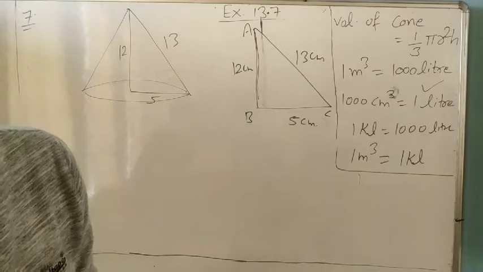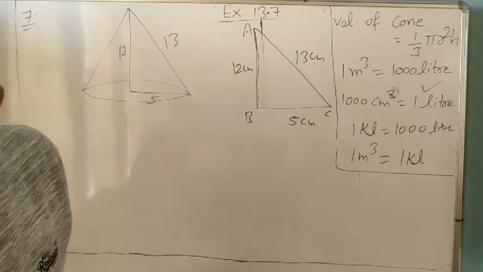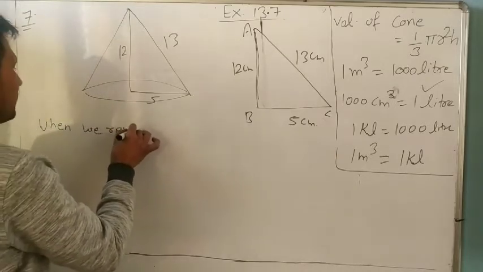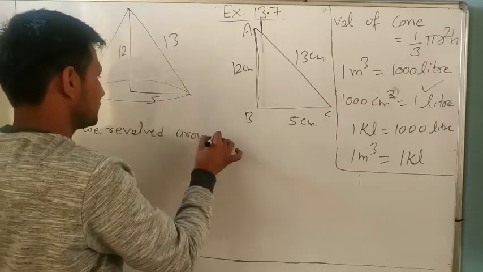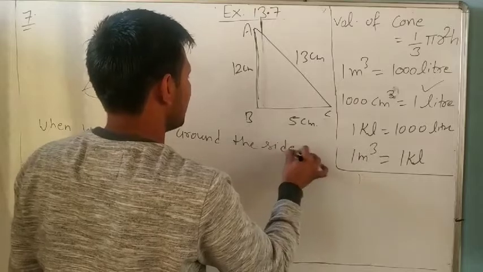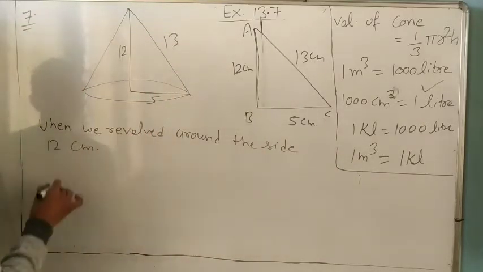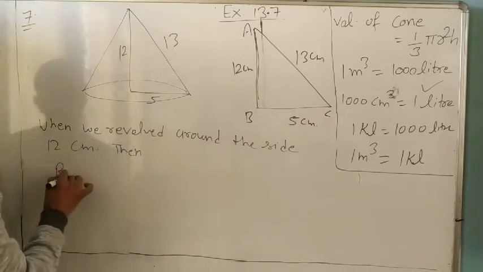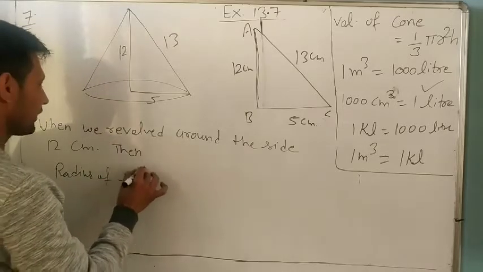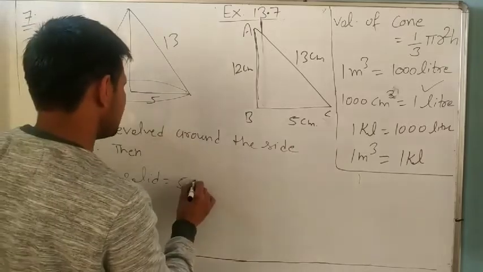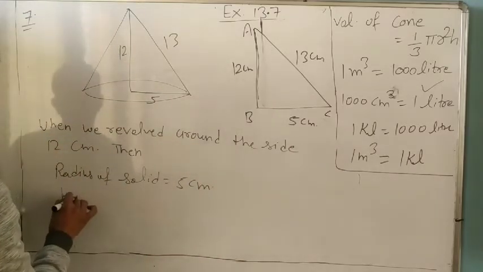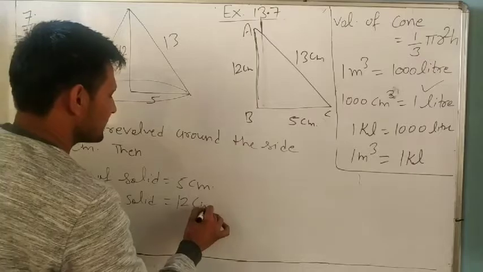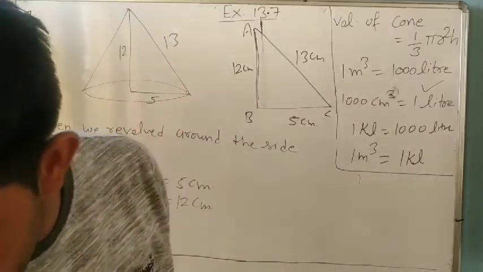So you can write: when we revolve around the side 12 centimeter, then radius of solid becomes 5 centimeter, and height of solid is 12 centimeter. Understand or not? And we have to find the volume.